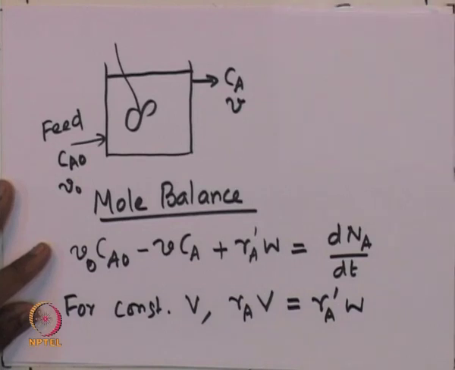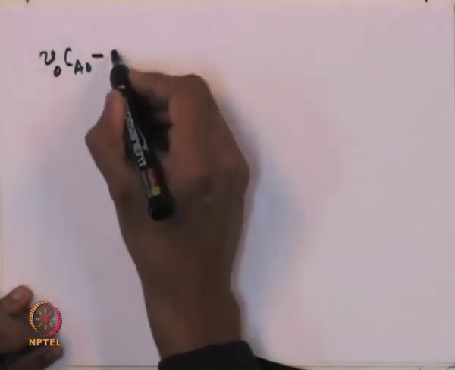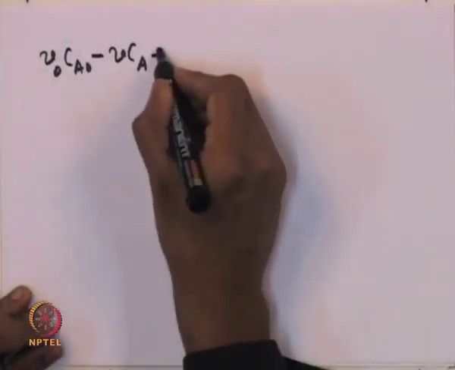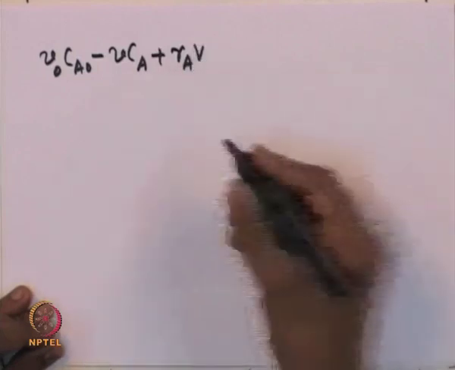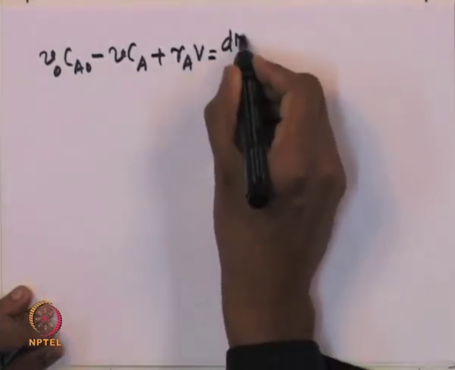So, these two have to be equal. Incorporating this equality into the mole balance, we can rewrite it as V naught into Ca naught minus V into Ca plus Ra into V, and that is equal to dNA by dt.